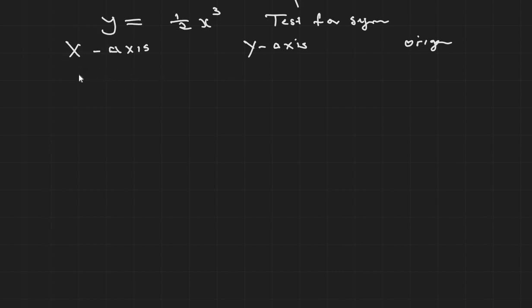As long as you know that when you do the x-axis, you're going to swap y for negative y. For the y-axis, you're going to swap x for negative x. And for the origin, you're going to swap x for negative x and y for negative y.